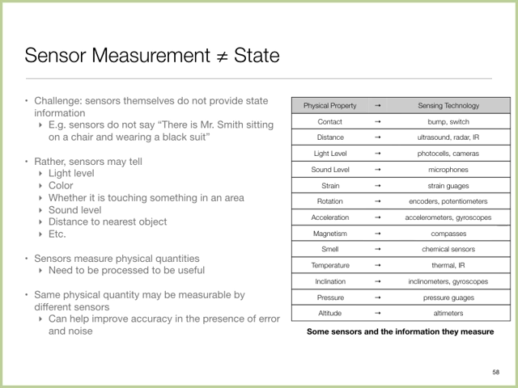One thing that we immediately face is that the same physical quantity may be measured by multiple different types of sensors. And the other thing is that the same state of interest, like the position of a particular individual in this room, could be measured in a variety of different ways.